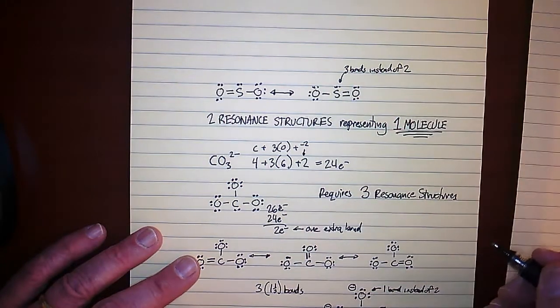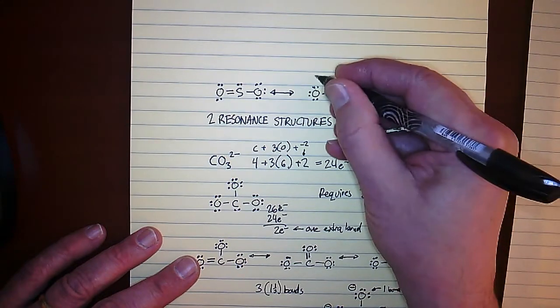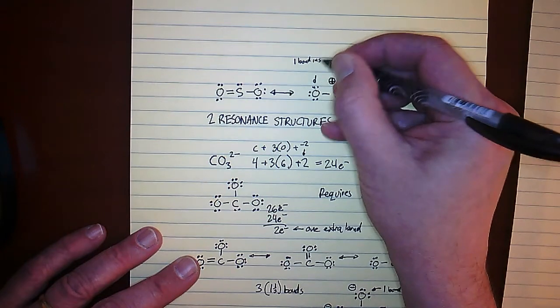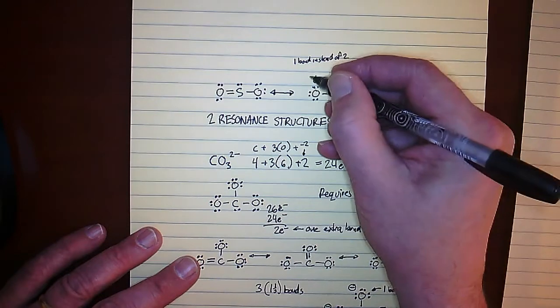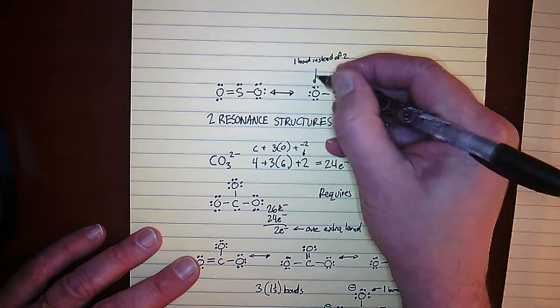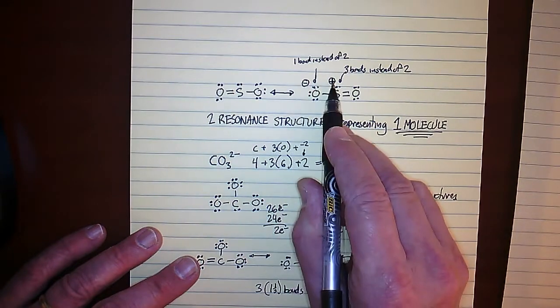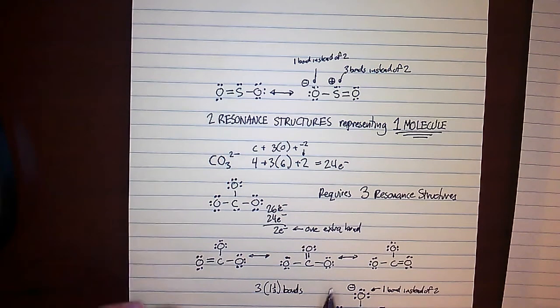It's 3 bonds instead of 2, and so that would give it a +1 charge. This one has 1 bond instead of 2. Right? And so it would have a -1 charge, right? Notice that -1 plus 1 adds up to 0, and the overall structure charge on SO2 is 0. Okay, so yay, formal charge. All right.